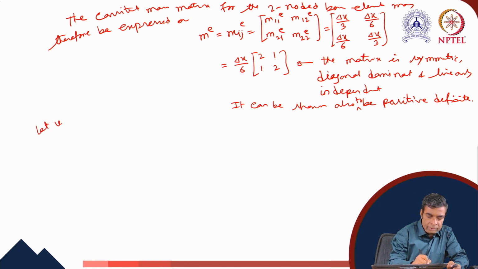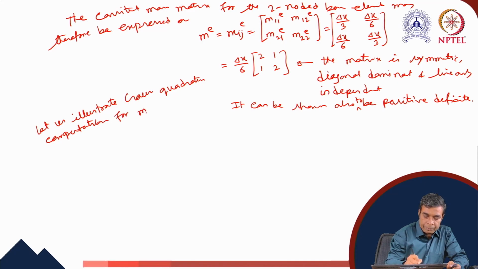Let us illustrate Gauss quadrature computations for M11e. We know that M11e equals delta x by 2 integration minus 1 to 1 psi 1e whole square d xi.